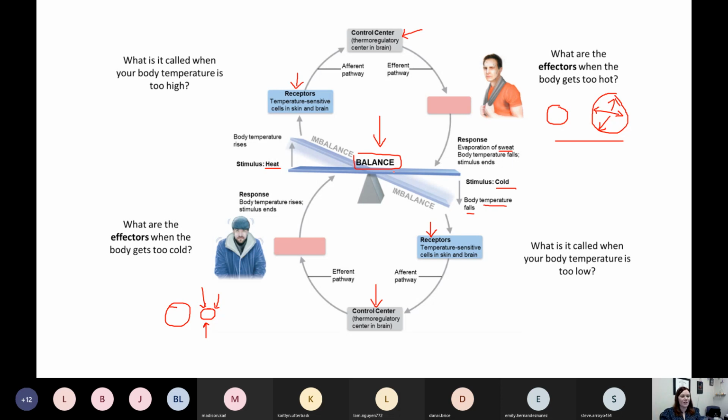Your body's thinking, it would be really bad if the enzymes in my liver couldn't do their job. Send all that blood to the liver, to the abdominal pelvic cavity, to make sure that my proteins can keep doing their job. So with vasoconstriction, we shrink down the skin blood vessels to make sure that we don't lose heat there and we save that heat in your core.